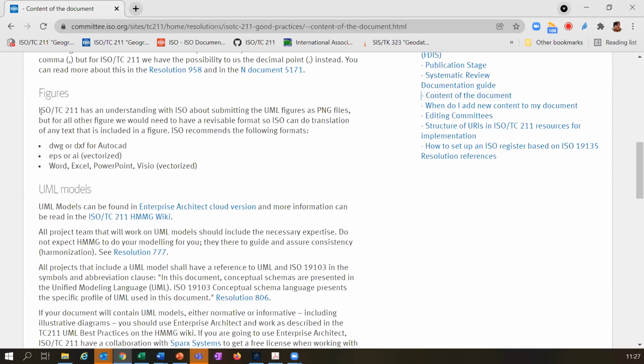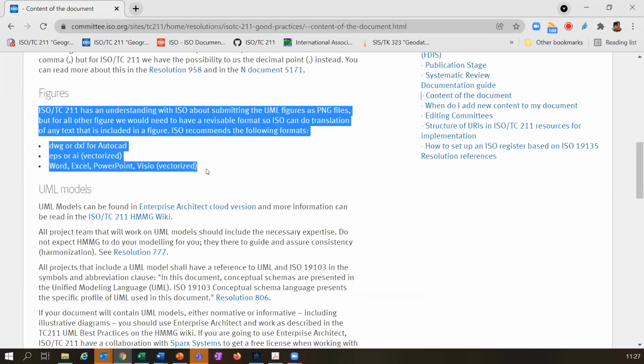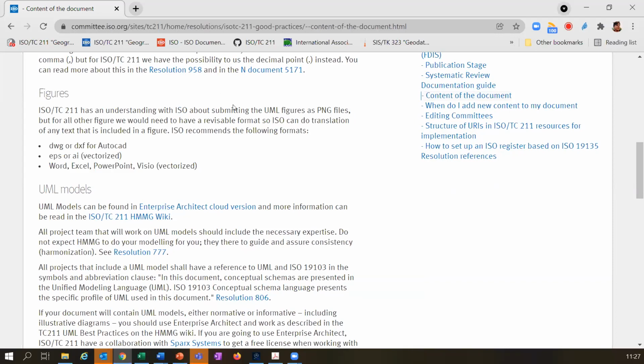This is maybe the thing we have struggled most with during my time in the Secretariat, trying to get ISO to accept that we are writing our UML figures, and they should not have those as revisable formats and doing translations in the figures, and with that destroying the idea of having the UMLs as they are. So we have now gotten them to accept them as PNG files.